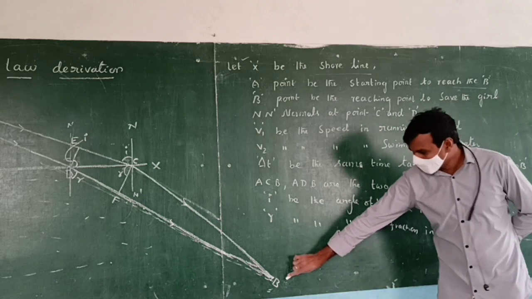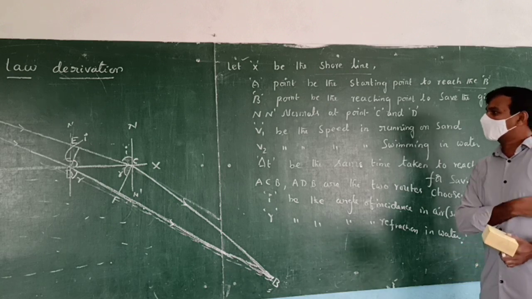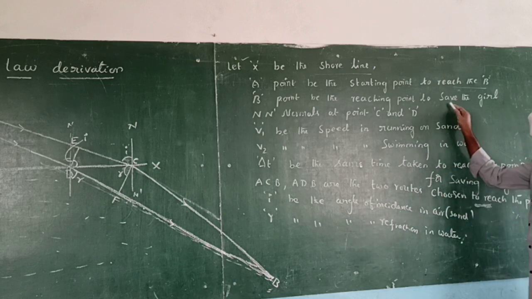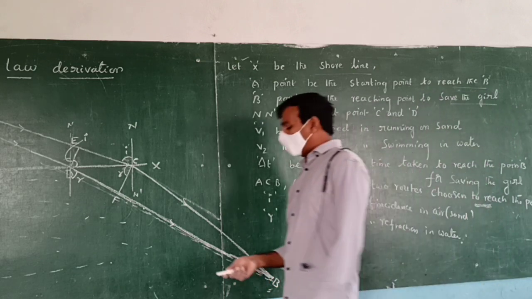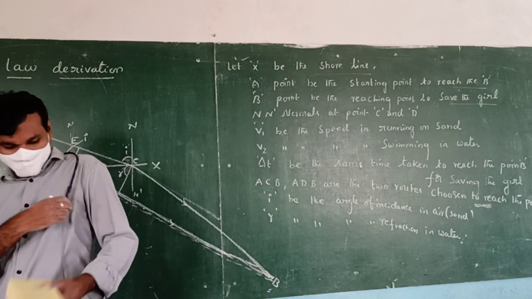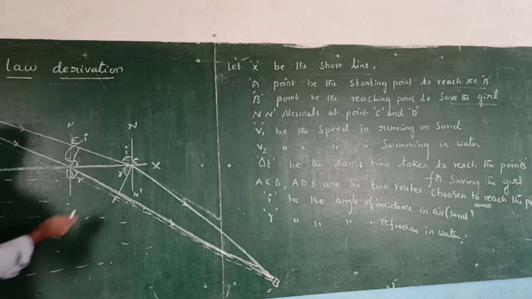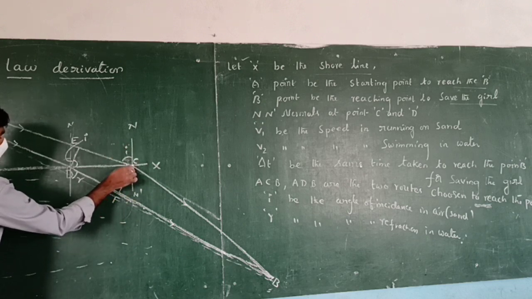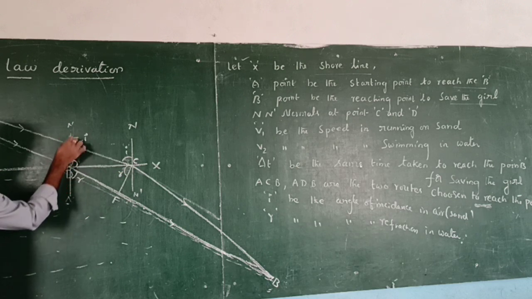B is the point to reach to save the girl. Here you have to draw the normal. N prime is the normal at point C, and also the normal at point B.